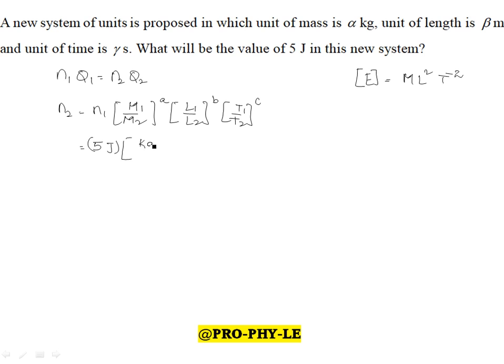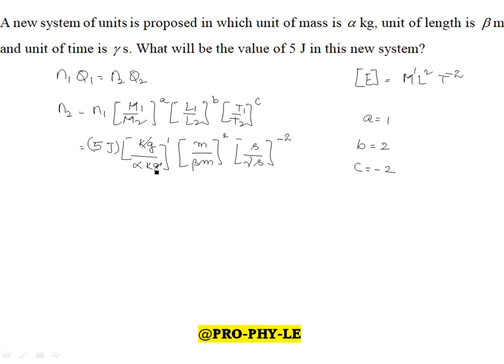M1 in the first system, that is our known system, is kg, and in the unknown system it is given as alpha kg, whole power of a. Here a is 1, b is 2, c is minus 2. So L1, that is meter, by beta meters whole square, and this is second by gamma second whole power of minus 2.